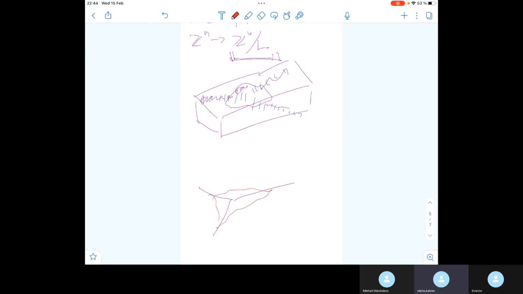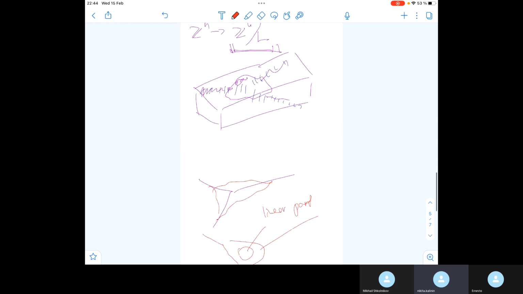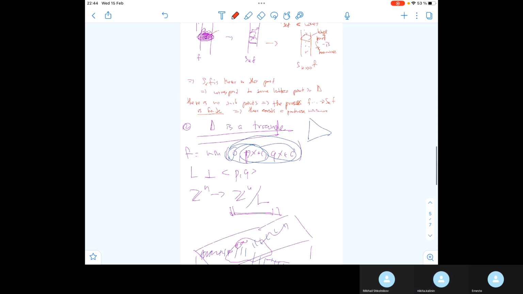And then again, you just control the number of points where the Laplacian is not zero, and you show that if you can do it for many steps, then somewhere inside you have this locus of linearity, a linear part. And again, it contradicts the fact that my triangle, the delta, is without lattice points.